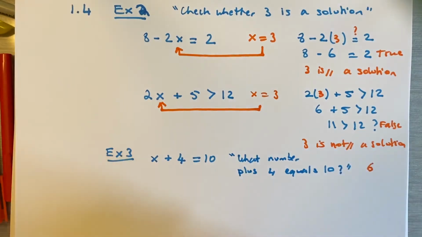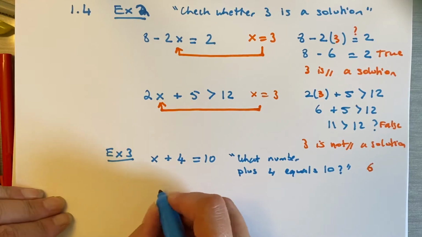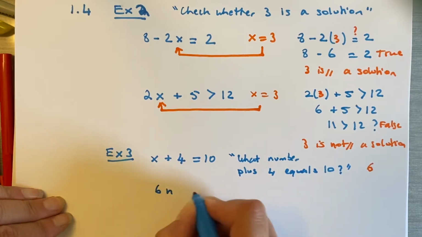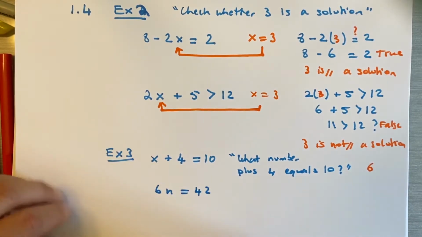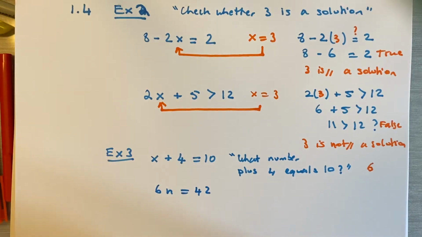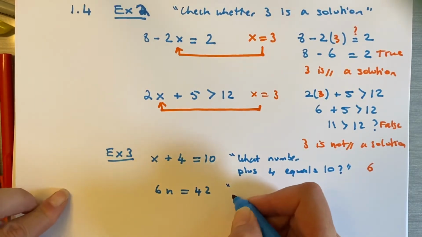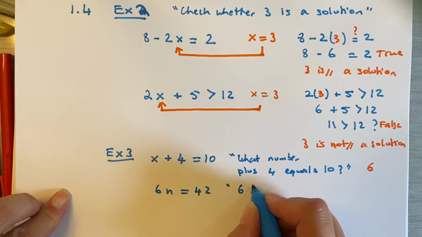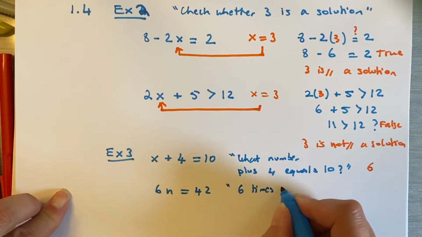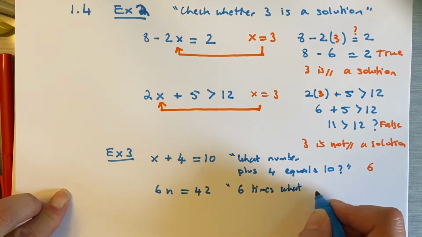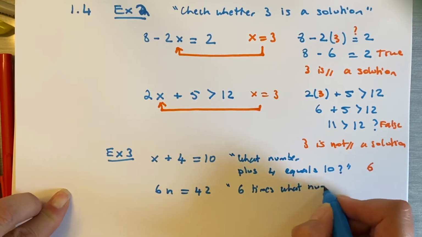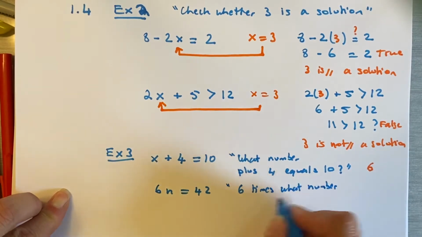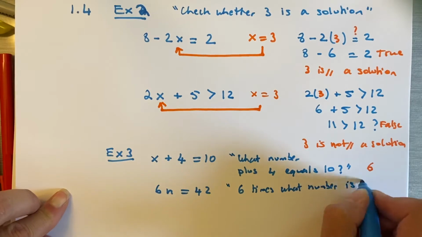Let's try a different one. 6n equals 42. What are you going to say to yourself in your mind? 6 times what? Say 6 times what equals 42, or what number is 42?